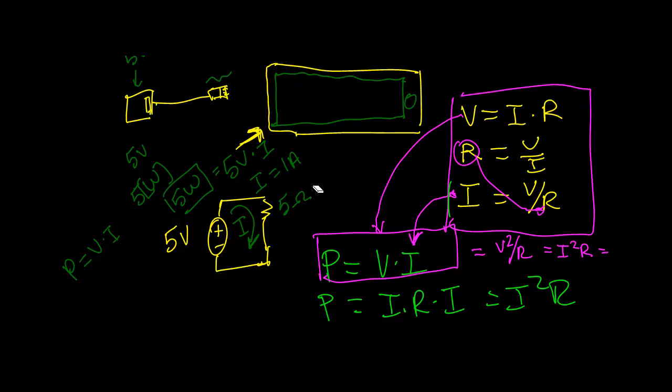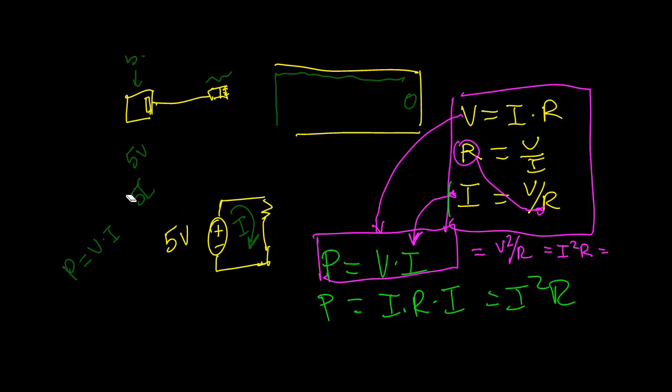Now, another good way to do this is if you have, let's just say this circuit here, which is modeling your iPhone. Basically, if you have 5 ohms, and you need to figure out what your power is, you can take the equation with the resistance, which is V squared over R, and then you have 5 squared divided by 5, which equals 25 over 5, which is equal to 5 watts.